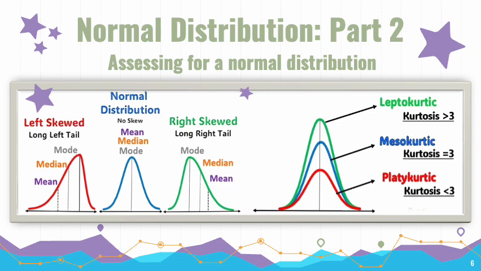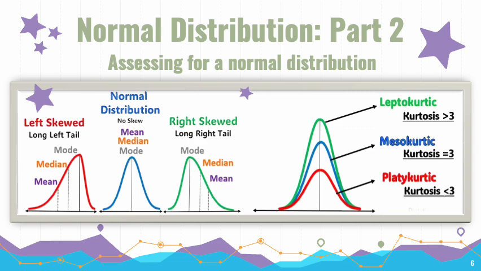The first step in assessing for normal distribution is similar to the first step of patient assessment. Just like you want to look at your patient, you want to look at your data. And the easiest way to look at our data is to make a histogram to see if the data set appears to be normally distributed.